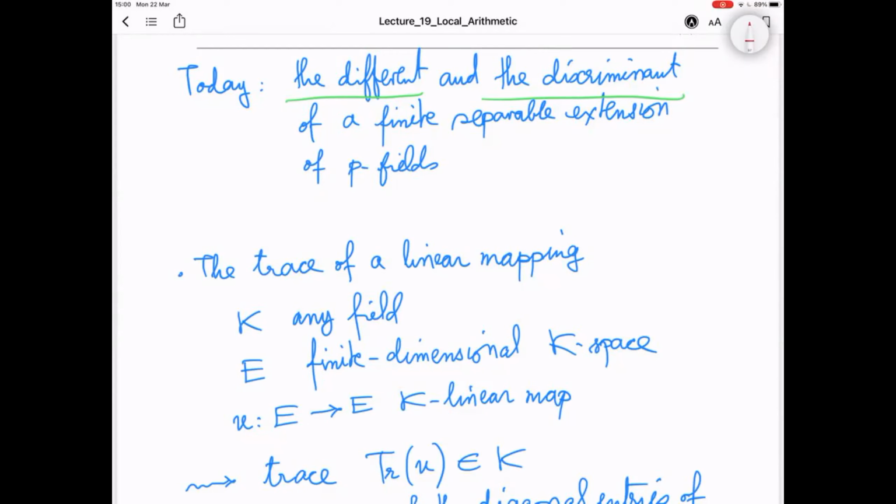So we are going to discuss the different and the discriminant of a finite separable extension of p-adic fields.